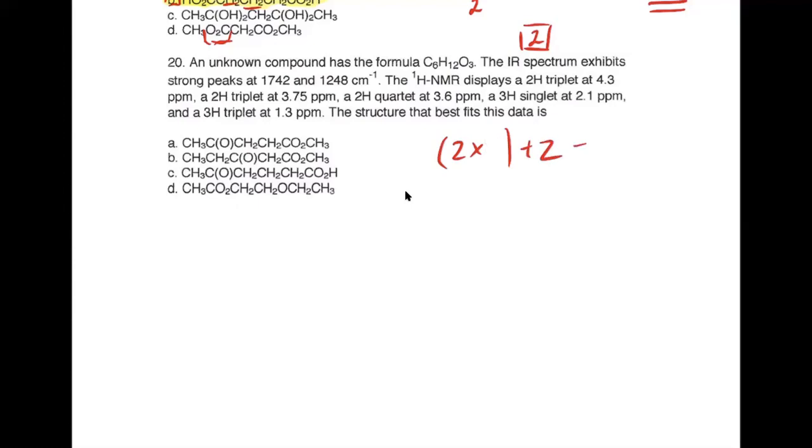How many carbons do we have? 6. Number of hydrogens is 12. Oxygens make no difference. We have 3 of them, and we divide by 2. So we get 12, 14. What did you get as your unsaturation? 1. I got 1 as well. So no benzene ring for this one either. So the answer is D.